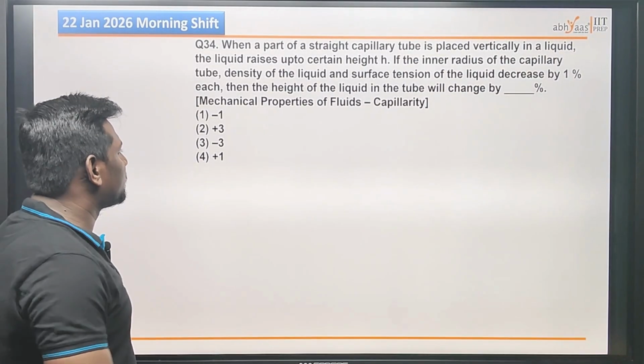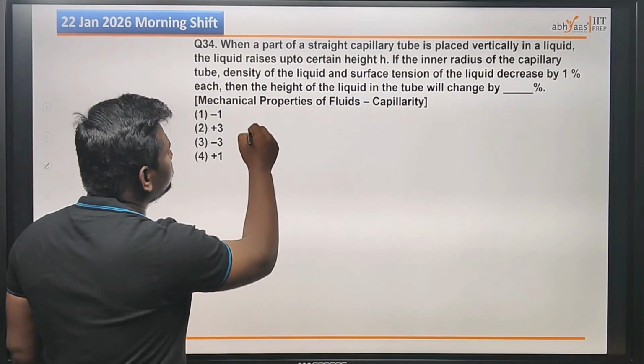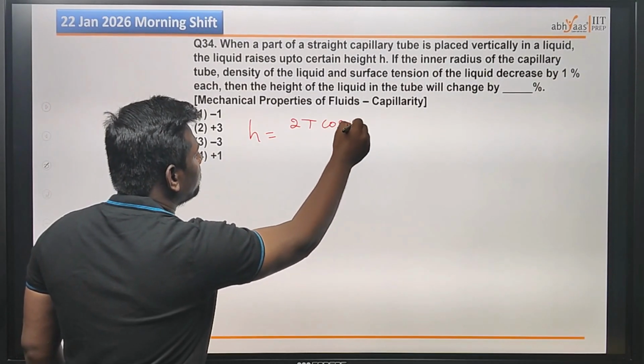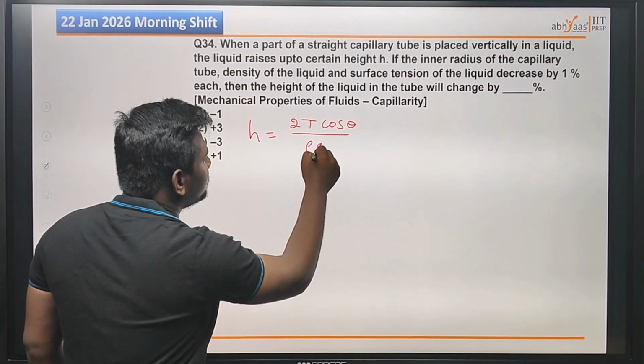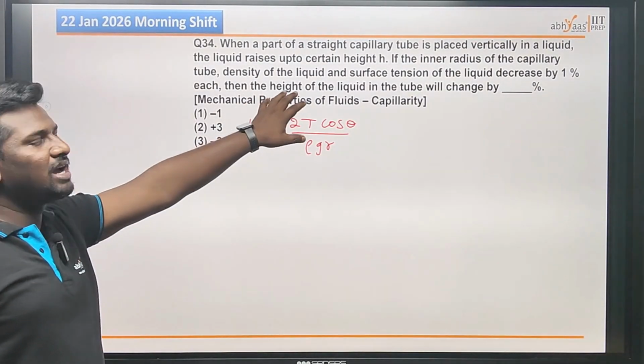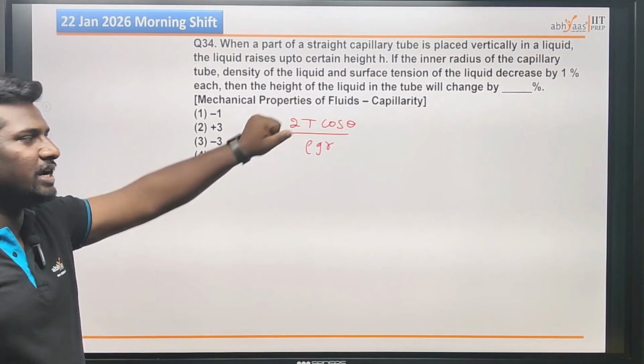So we know from capillarity, height h equals 2T cos theta by rho g r. What are they asking? They are asking for the percentage change in height.